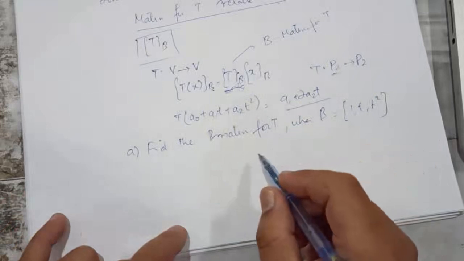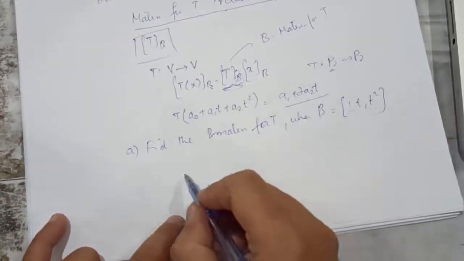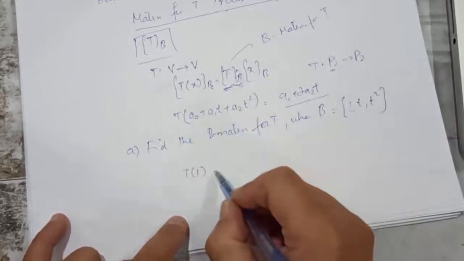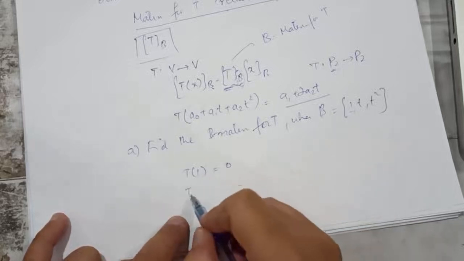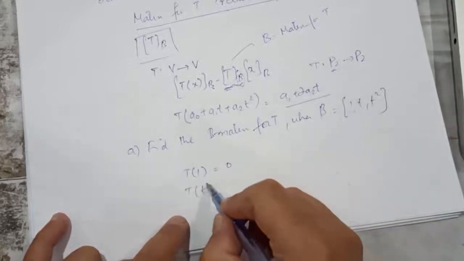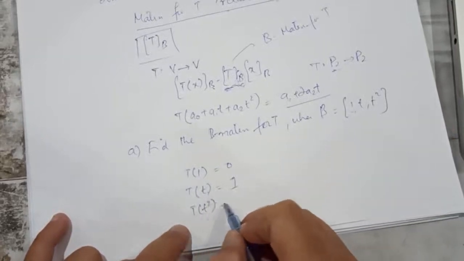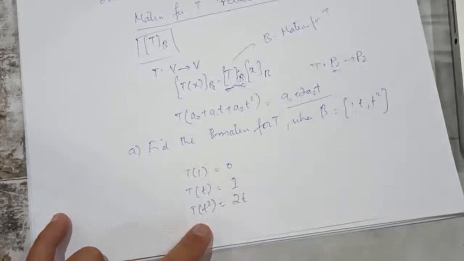So you first have to find the images of the basis vectors, right? This is the basis vector first. If I put 1 here and differentiate, the answer will be 0, right? Similarly, if I put t here, the derivative is 1, and if I put t square here, the answer would be 2t, right?